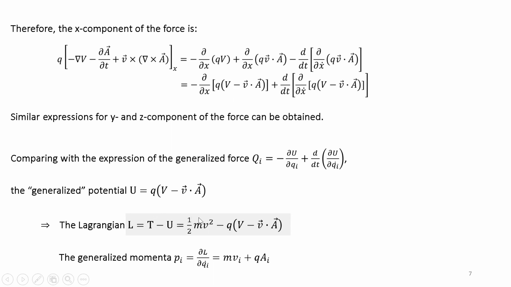Then the Lagrangian becomes this: the kinetic energy minus the potential energy, but this potential energy is the velocity dependent potential. One interesting thing here is that if you use the same definition to find the generalized momentum, then you realize that this P is not just mv, but mv plus QA.